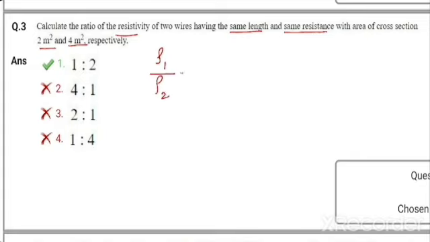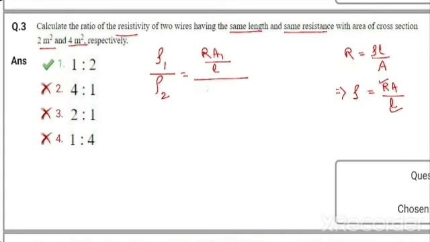As we know, resistance R is equal to rho L by A, so we can write resistivity as RA by L. Here resistance is the same and length is also the same, so rho 1 by rho 2 is RA1 by L divided by RA2 by L, that implies A1 by A2.